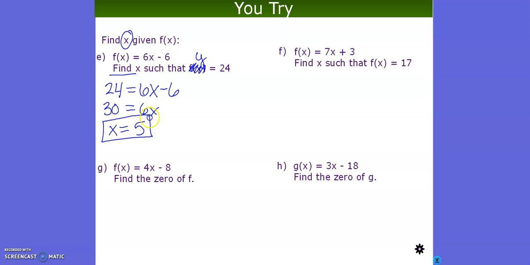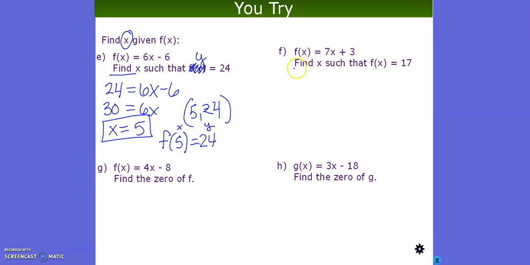We get an x to be 5. So if I were to write it as an ordered pair, it would be (5, 24). Or f of 5 equals 24. This is always your x, that's always your y.